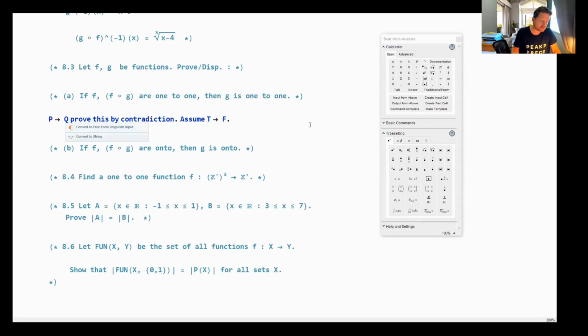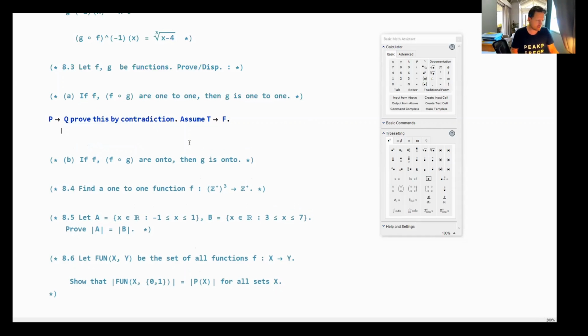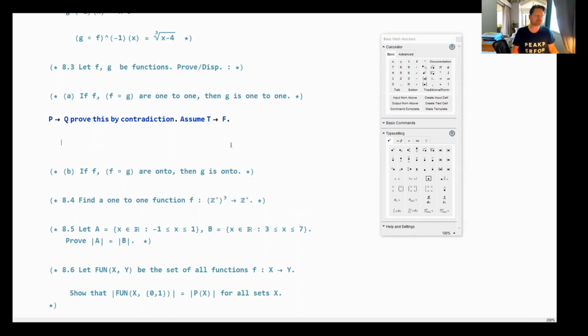Okay, so let's set this up. So what we're doing then is assuming that the premise is true. So assume both f and f compose g are one-to-one maps or functions.